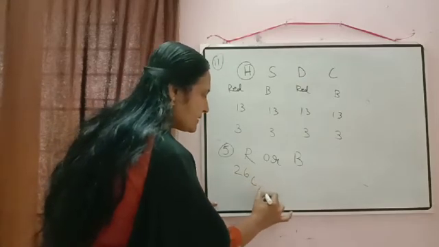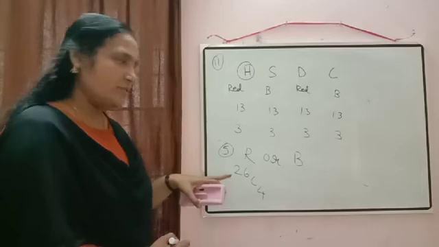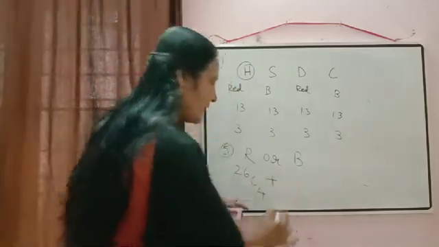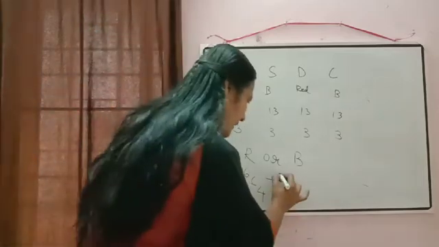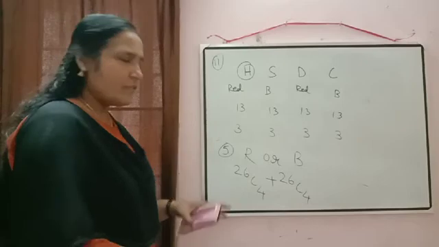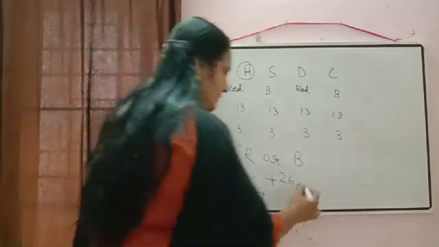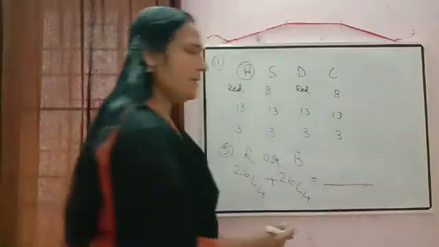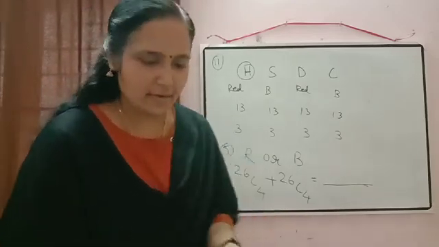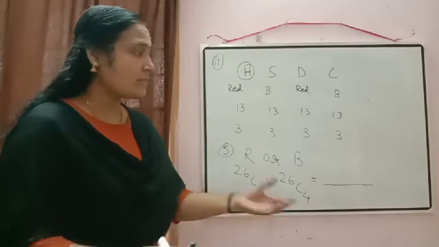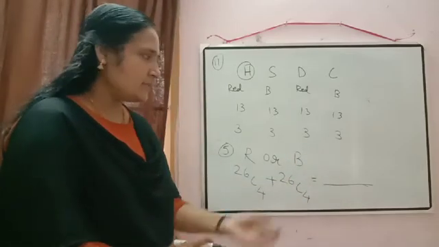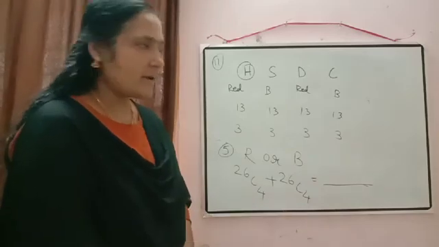From 26, how many do I need? 4. So 26C4, or. Or means what do we write here? Plus. Again black we have 26, from 26 we need 4. So it is 26C4 plus 26C4. The rest of the calculation, just do it by yourself. Otherwise it will take a lot of time if I keep doing the multiplication for you. So you just do all the calculations by yourself.